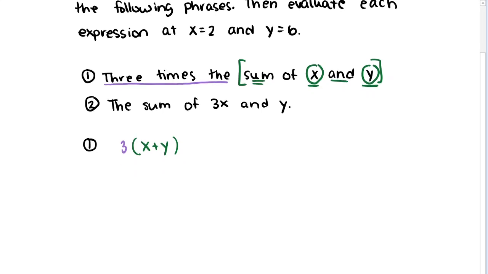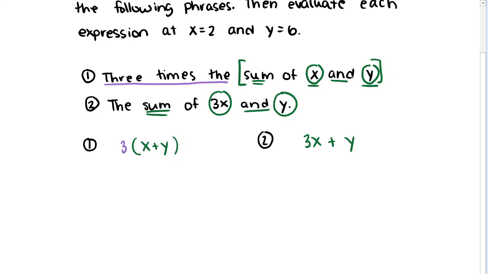And here maybe let's do our second expression as well before we evaluate them. Our second expression is the sum of 3x and y. Again, this word sum is telling us to add 2 things. And what are we adding? Well, we're adding this and this. So we're adding 3x plus y.